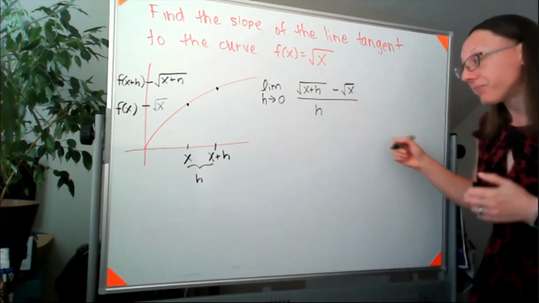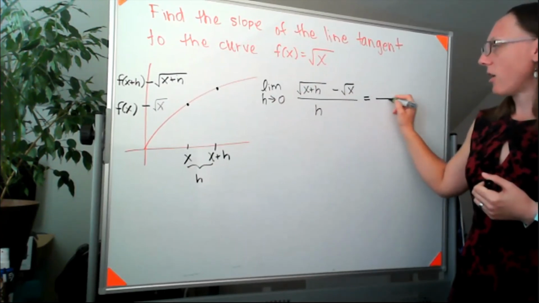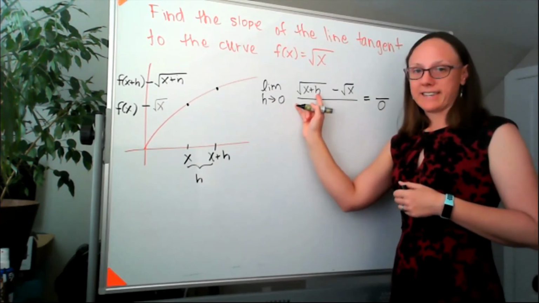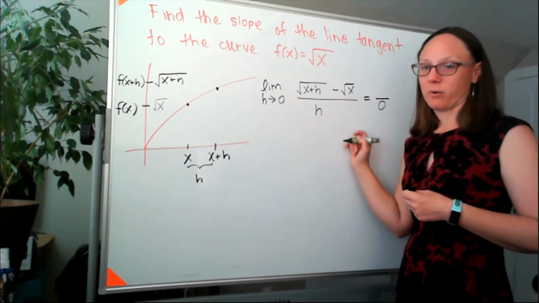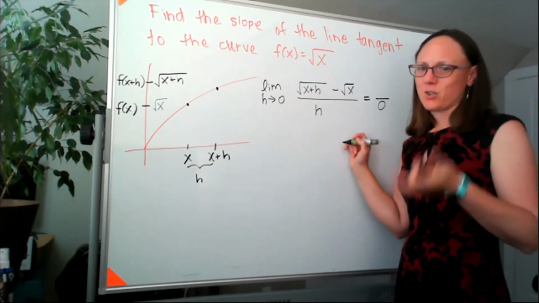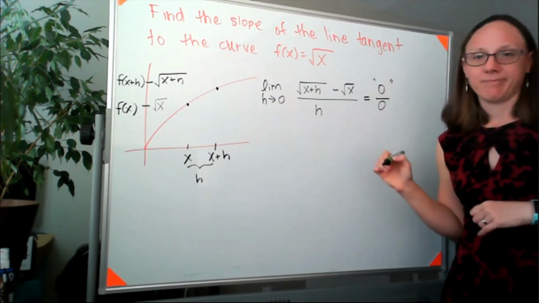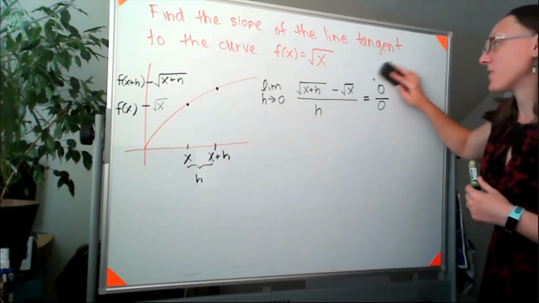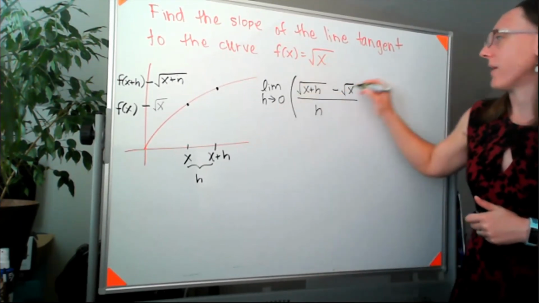Now, if I plug in 0 for h, in the denominator we get 0. In the numerator, when I plug in 0 for h, I have the square root of x minus another square root of x. Square root of x minus square root of x is still a 0, which means I still have to go do some algebra. And because I have square roots, the algebra that we're going to do is to multiply by the conjugate.